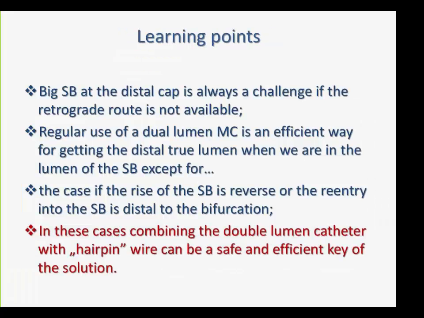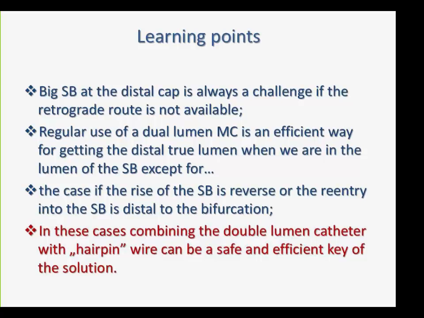Actually, these two cases have common learning points for me. The big side branch at the distal cap is a challenge, of course, and the regular use of a dual lumen microcatheter is a more and more popular device for getting the distal true lumen when we are already in the side branch.